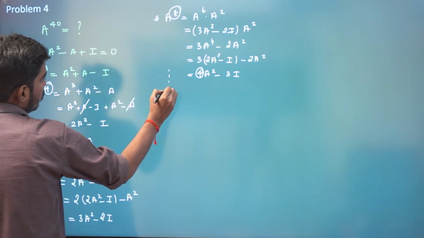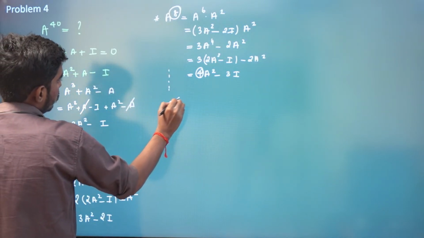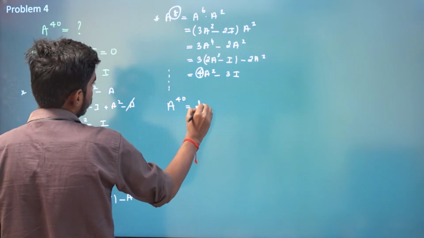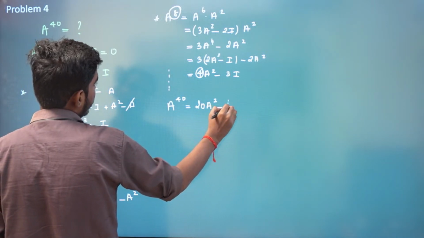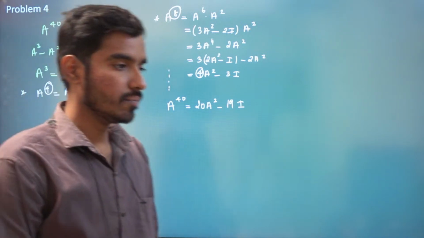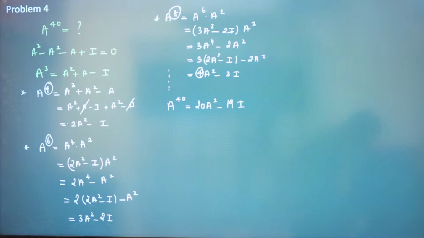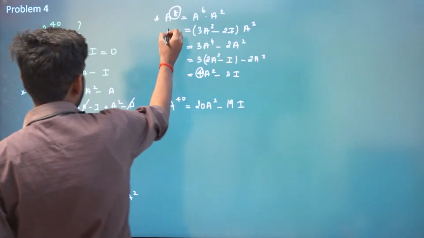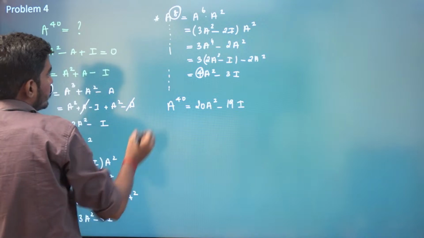So if you keep on doing like this, what will be your A power 40? Half of 40 is 20. So 20A square minus 20 minus 1, so 19. This will be the value of A power 40. Is this clear? So 20A square minus 19I will be the value of A power 40 by symmetricity.